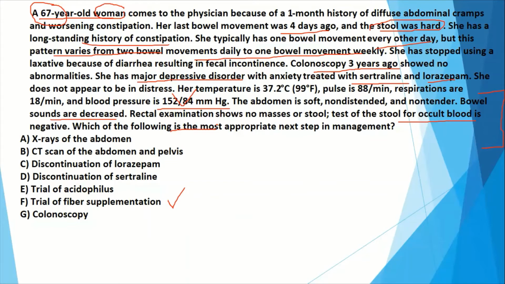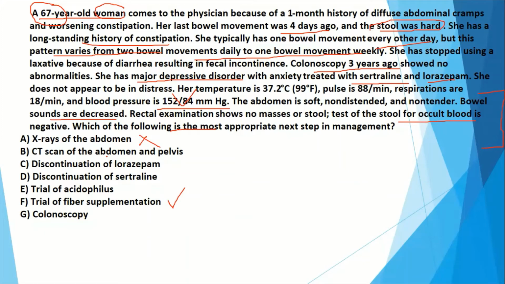Or if the patient is having intestinal obstruction, you can identify the dilated loops of the small intestinal tract and air fluid level on the X-ray of the abdomen. So this is not the case here. The features of the intestinal tract obstruction are not present in this clinical vignette, so you can rule out this option.